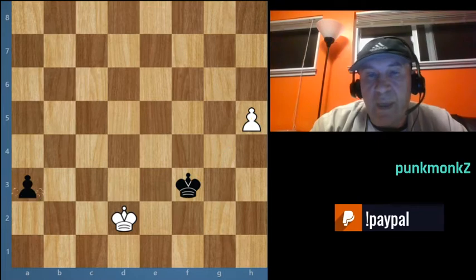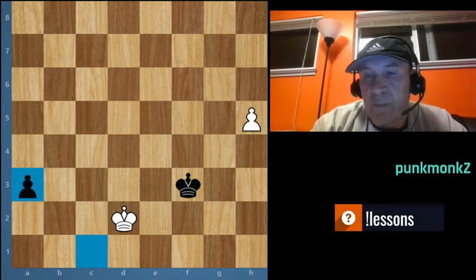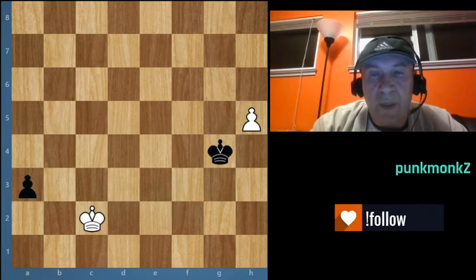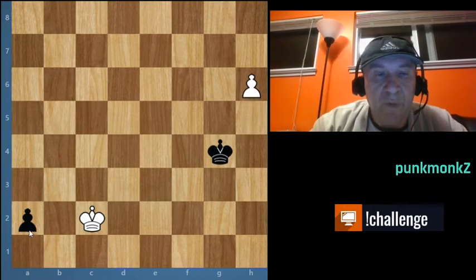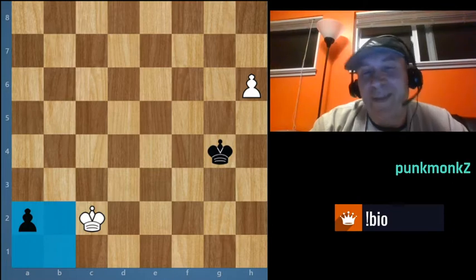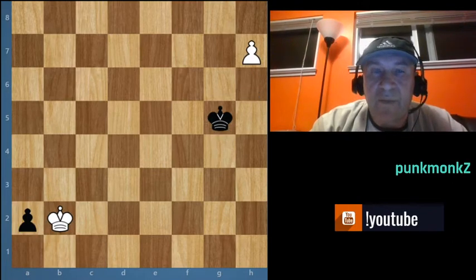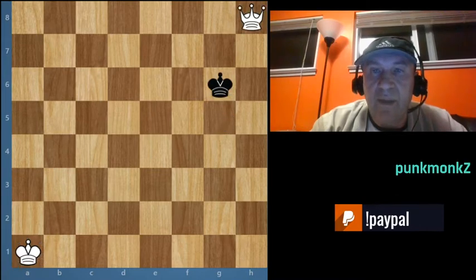Now watch this. Here's the square, so the white king, make sure he's inside the square, and now he goes for the pawn. Pawn advances, and now he's ready to promote. Where's the square? Corner 1, corner 2, corner 3, corner 4. He moves inside the square, and that's it. And now I advance and take and win.